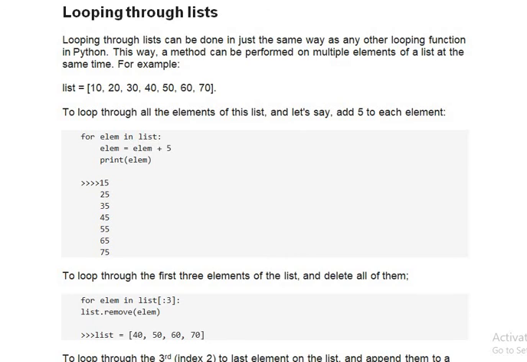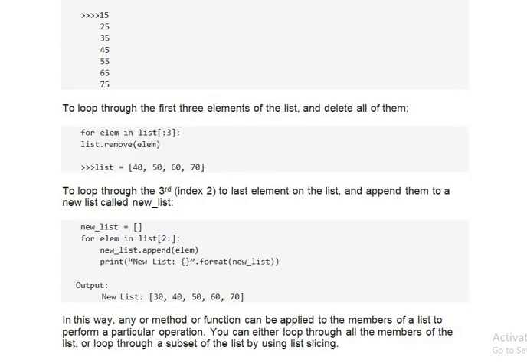Using for loop, we can apply even remove, for element in list colon 3. Colon 3 means first 3 elements of the list, and remove. So it deletes the first 3 elements of the list. See another example.